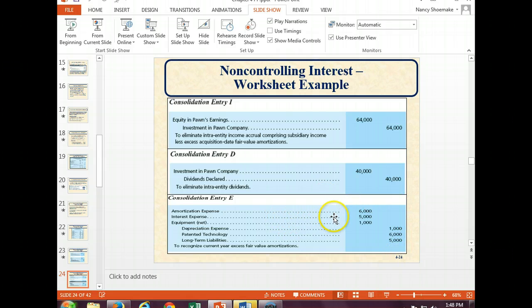So our amortization and the depreciation, we have $6,000 of amortization, we show $5,000 of interest, $1,000 of our equipment, and then we're going to, again, show our amortization of the various excesses, the depreciation that we, remember, are reducing because it's a negative number, the patented technology, and the long-term liabilities, which I thought was just $4,000. I thought the excess amortization was $10,000. Let me go back in here real quick.